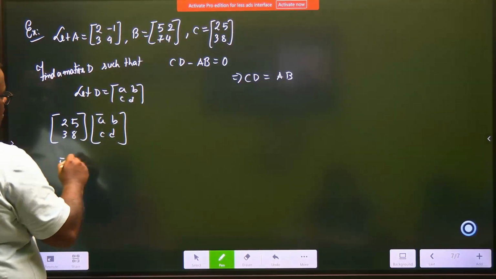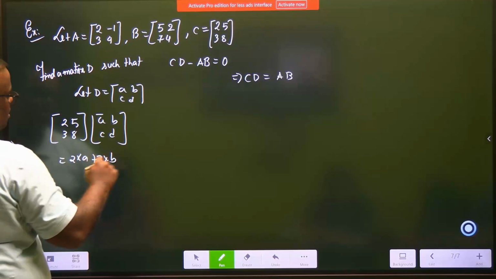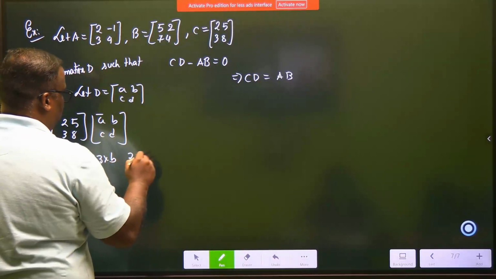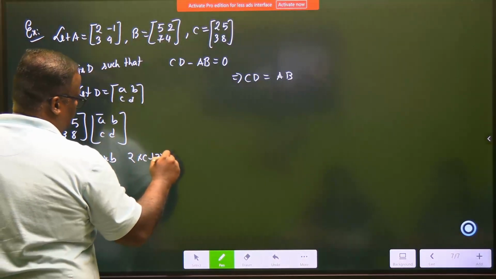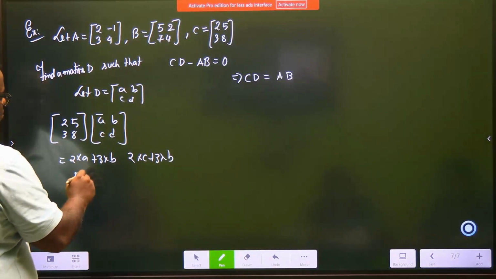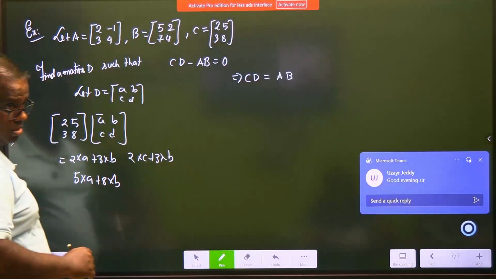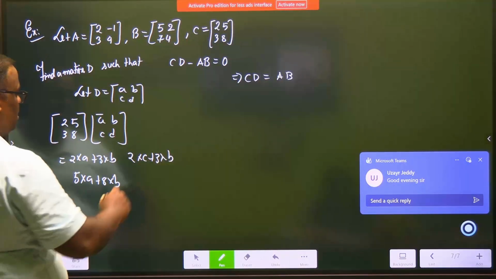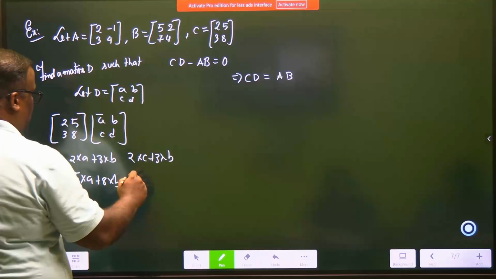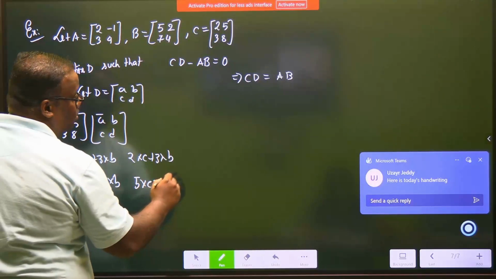So we get 2 into A plus 3 into B, then 2 into C plus 3 into D, then 5 into A plus 8 into B, then 5 into C plus 8 into D.